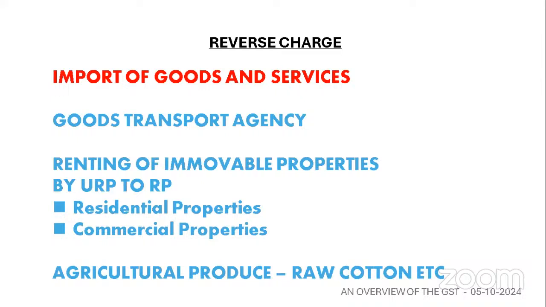The second one is that businesses sometimes obtain residential houses on rental basis. Now, there are two kinds of purposes for which a business entity will obtain residential properties. So, for example, the taxable person is an individual businessman, say, for example, Mr. X. Now, he has obtained registration under the GST law.